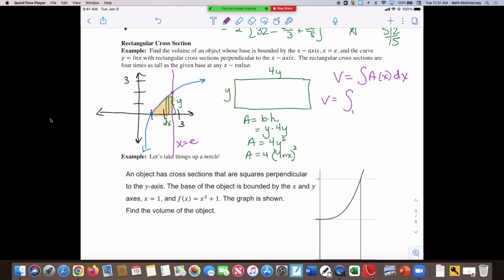Good job, 1 to e. My area is 4 times the natural log of x squared dx. This is not one we can do by hand. So grab your calculators and let's get the numerical integral.